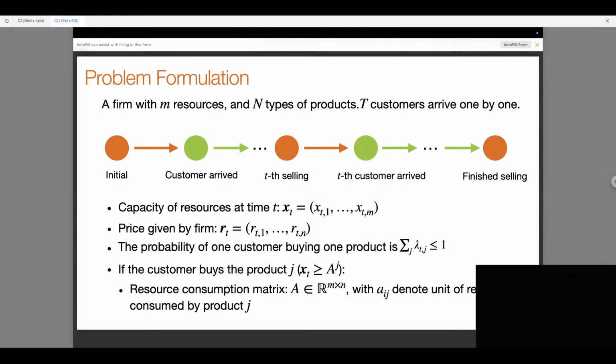We also require that the capacity of resource x_t must be greater than or equal to the j-th column of matrix A. That means we should ensure we have enough resources to produce one product j under the current capacity of resources.